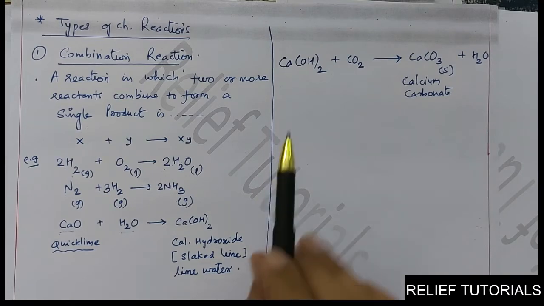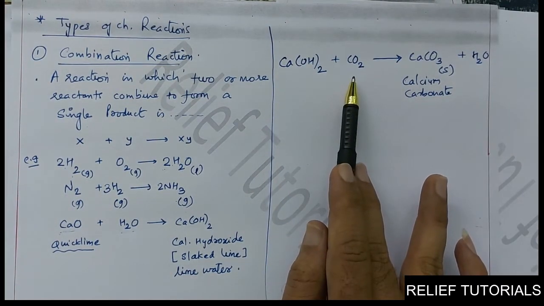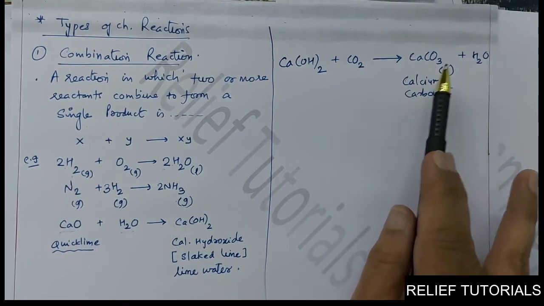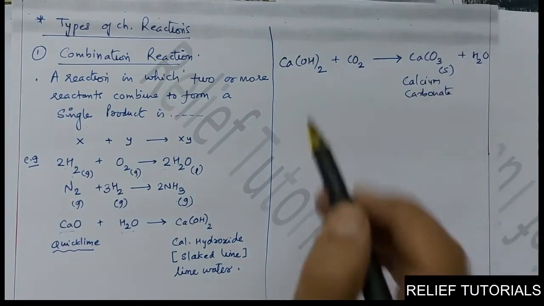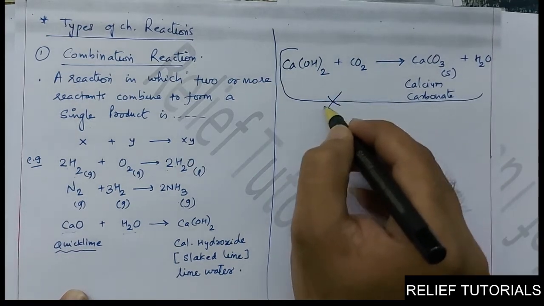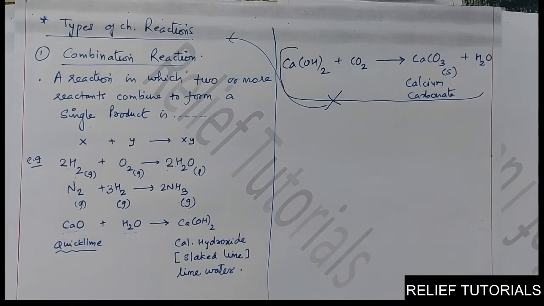If you see here, Ca(OH)2 reacts with CO2 to form CaCO3 and water is released. Can you see that there are two products here? So it is not a combination reaction. It is not a combination reaction, but just for the sake of understanding, I have given you this example.